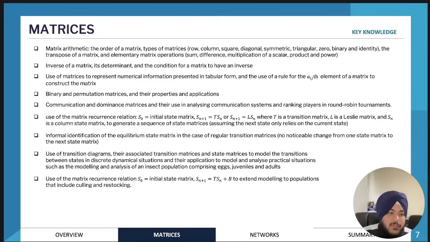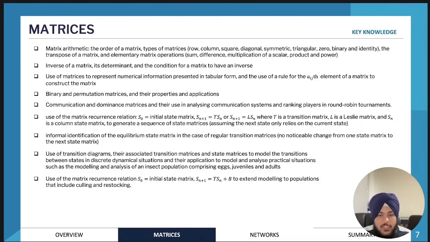We'll also be looking at how matrices are used to represent information. We'll be looking at binary and permutation matrices as well as their properties and applications. We'll be looking at communication and dominance matrices and how we analyze those and do calculations. We'll also be looking at transition matrices and using recurrence relationships to predict the future using matrices.